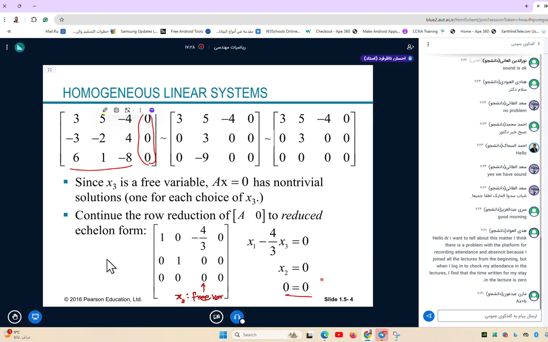0 = 0 means the system is consistent. For this one, we can write it down: x1 = (4/3)x3, and x2 is 0, because x3 is a free variable.